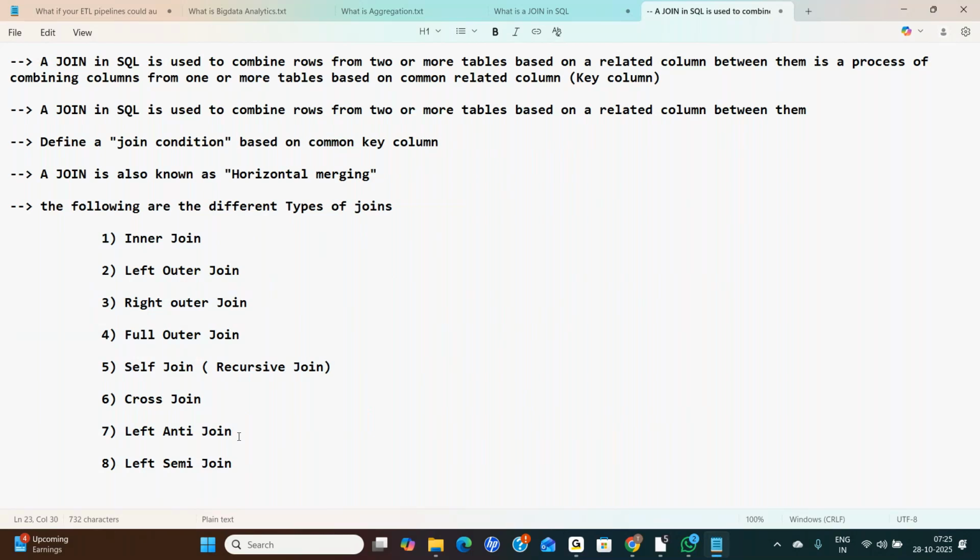If the records already exist, they will be updated in the target; we perform a DML operation like update. So to identify new records and existing records, left anti join is one of the perfect solutions.